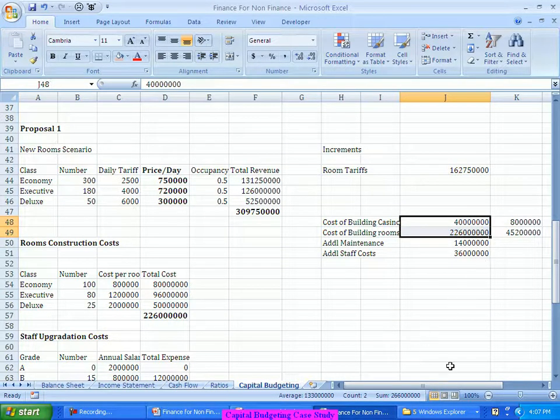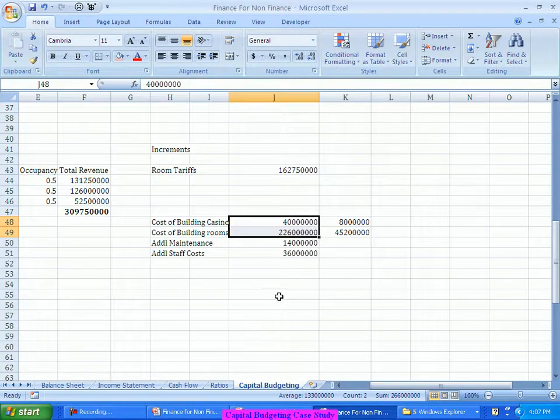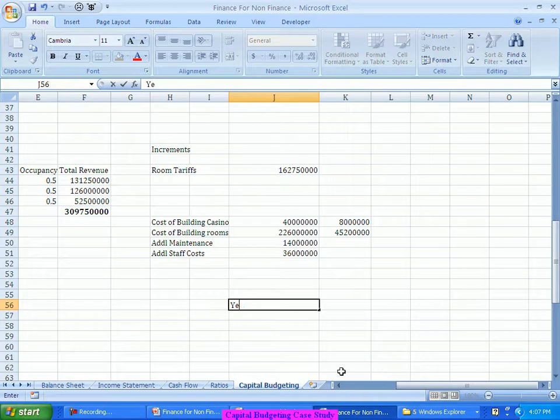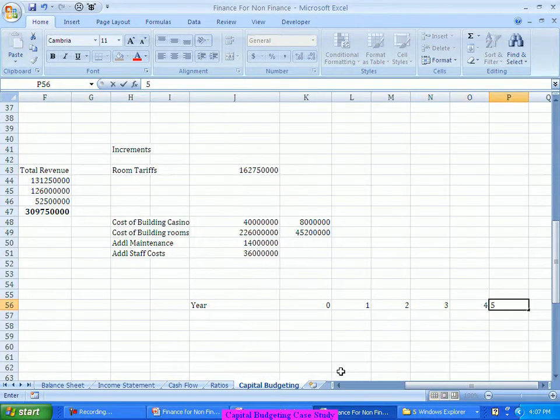So what is happening now to make things simpler for you? If I say year 0, which is right now, after 1 year, after 2 years, after 3 years, after 4 years, after 5 years. That's how I want to look at it. So year 0, what is my cost?